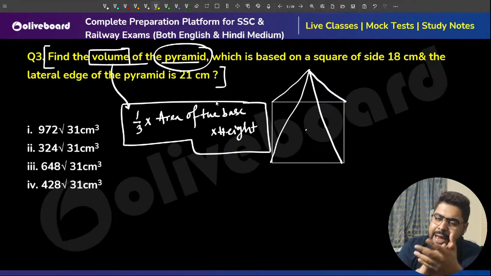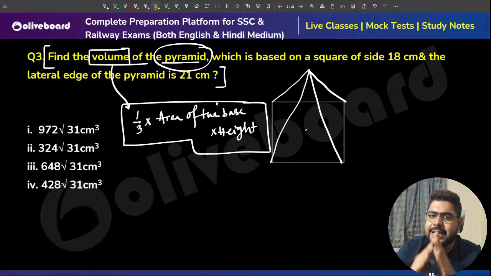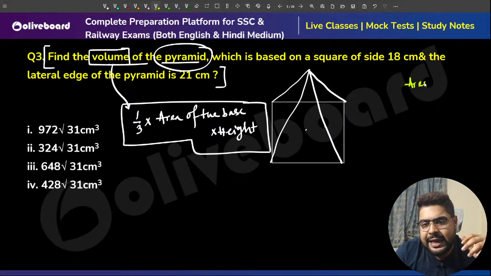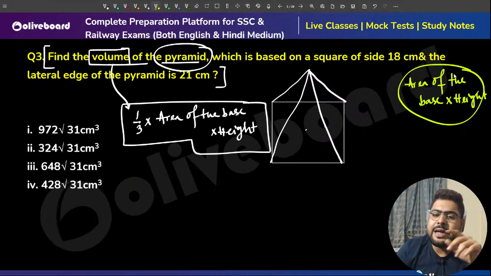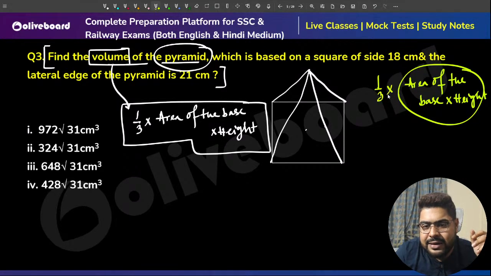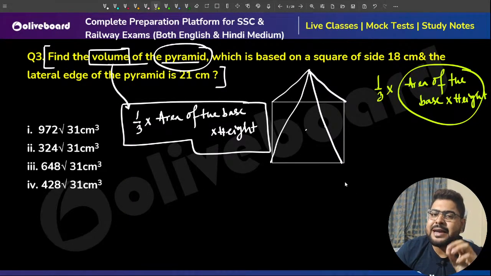If the cross-sectional area is the same, like a cuboid or a cylinder, it is always area of the base into height. But if there is a reduction in the cross-sectional area, you multiply this by 1/3. So in case of cone and pyramid, this happens.